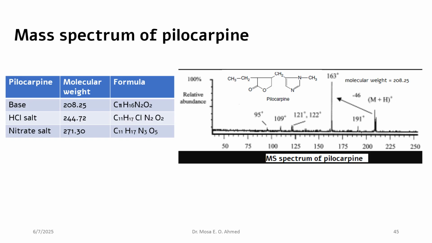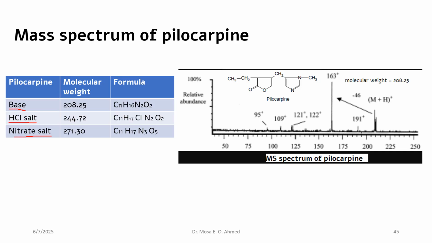There are different MS spectra in pharmacopoeias for pilocarpine as base, pilocarpine as HCl salt, and pilocarpine as nitrate salt.